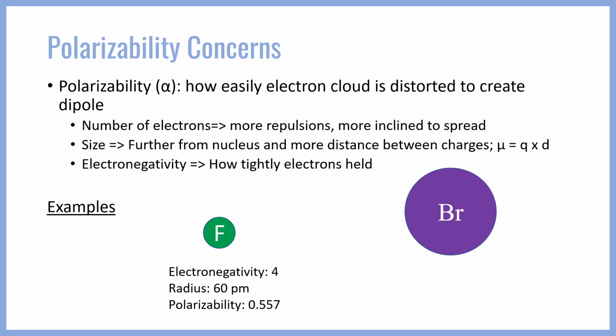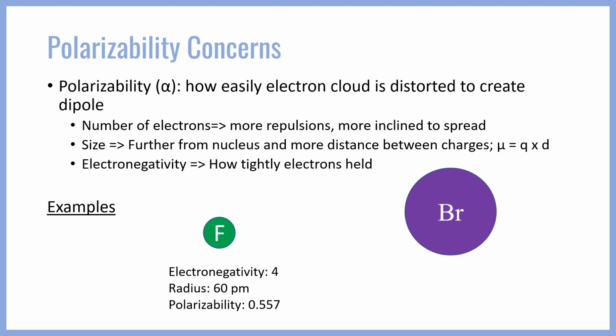And because of that, it's going to have a polarizability value of about 0.557 alpha, which, if you've never seen polarizability values before, really means nothing to you, but I'm going to tell you that's very low. And that makes sense. Because fluorine is so electronegative, and because it's so small, those electrons are going to be held really tightly and they're confined to a small space. They're not going to be able to move around very much.